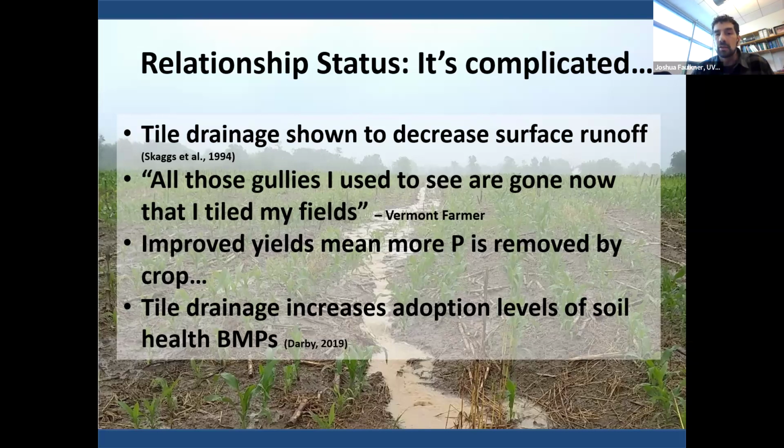And then tile drainage, Heather Darby did some survey work, and found that farmers reported that tile drainage really increased the opportunity to adopt soil health best management practices. Because the soil was drier, they were less likely to compact the soil with no-till. They were able to get on the field, even if it was wet, to plant cover crops, things like that.